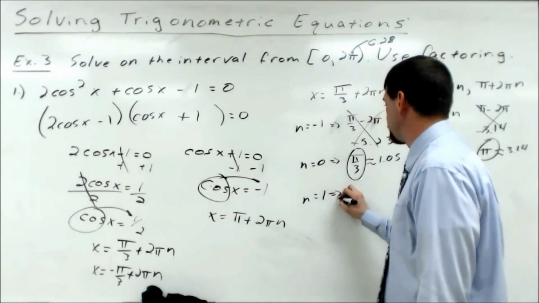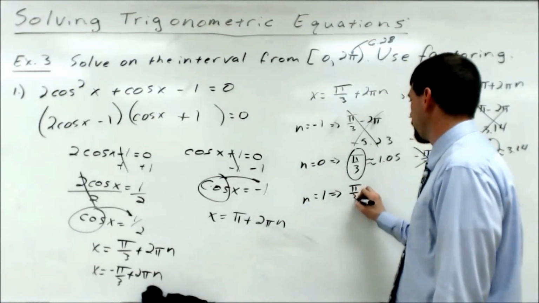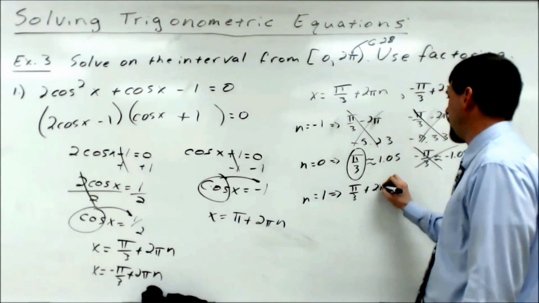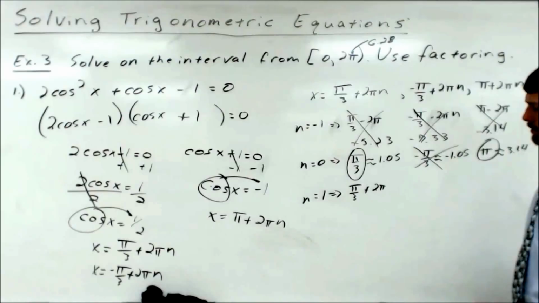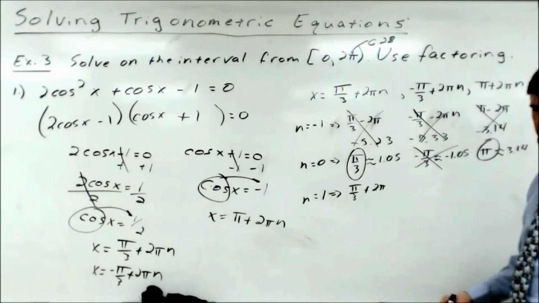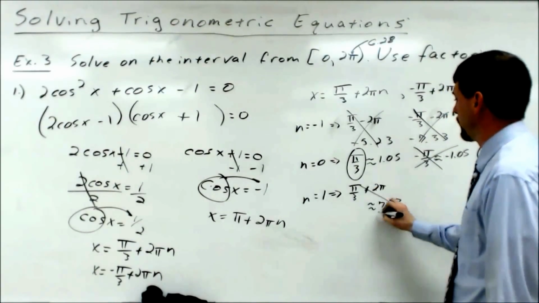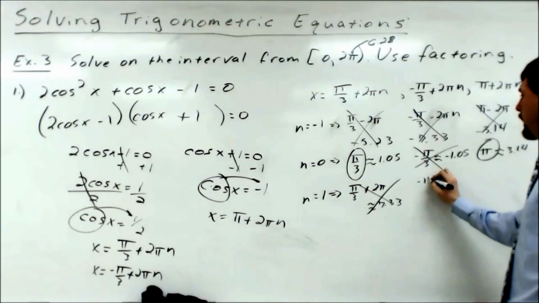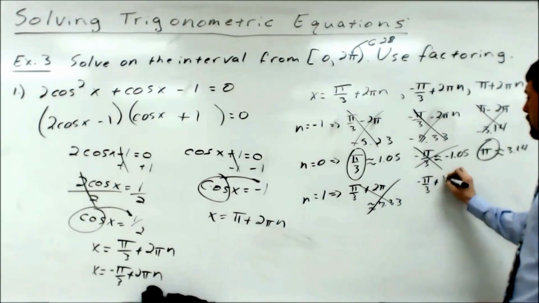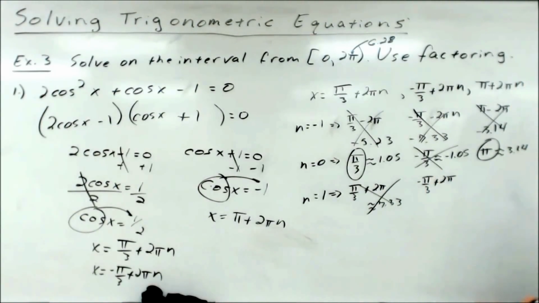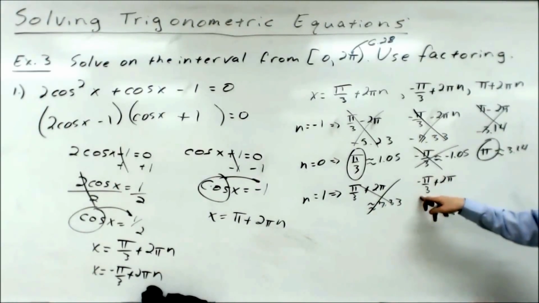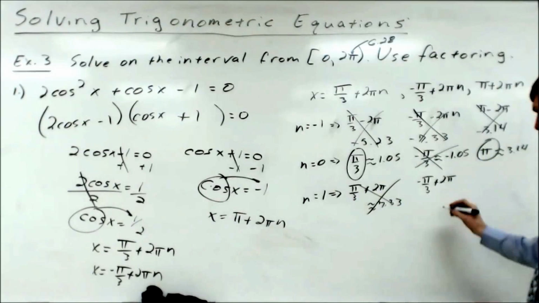N equals 1. So pi over 3 plus 2 pi. So 6.28 plus 1.05 is 7.33. Okay, too big, won't work. Negative pi over 3 plus 2 pi. So 6.28 minus 1.05 is 5.23.